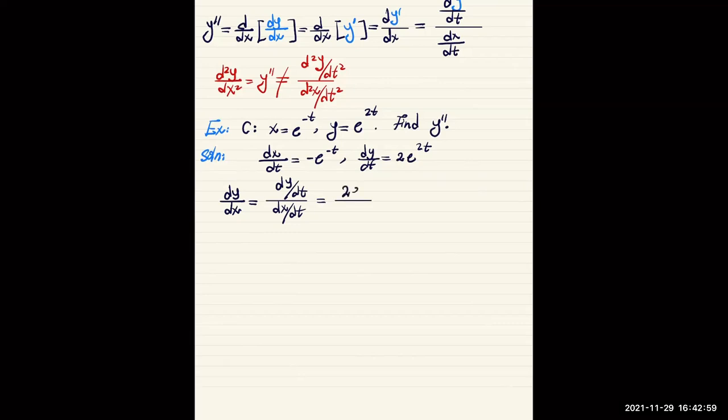We have 2e to the 2t divided by negative e to the negative t. Before you do anything else, please simplify. Here you can move e to the negative t up to the exponent and combine e to the 2t with e to the t, you get negative 2e to the 3t.